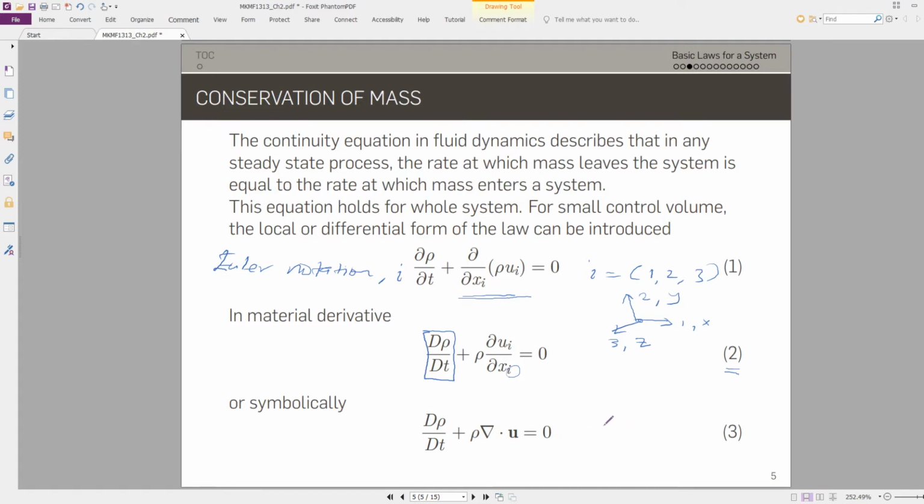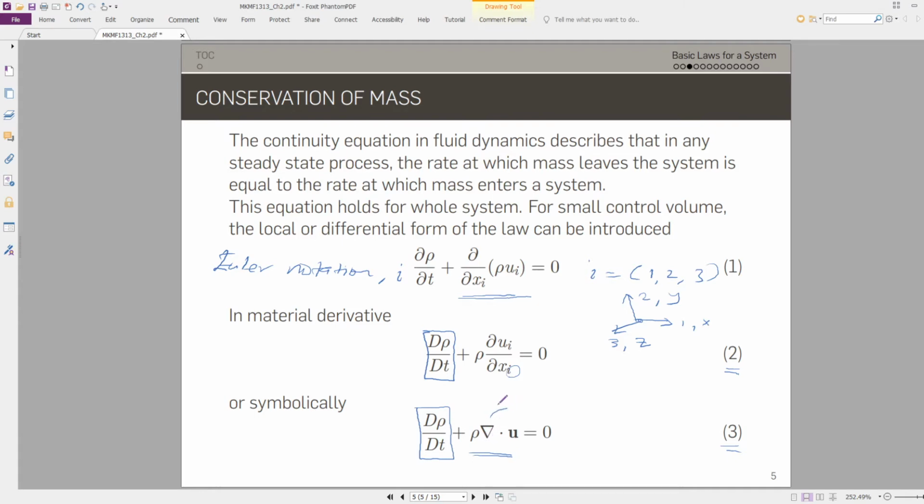Then the similar equation of the conservation of mass can also be found written symbolically, as represented by equation number 3 here. So we still have the material derivative d rho over dt, but for the convection term, instead of partial differential equations, we now have the symbol nabla.